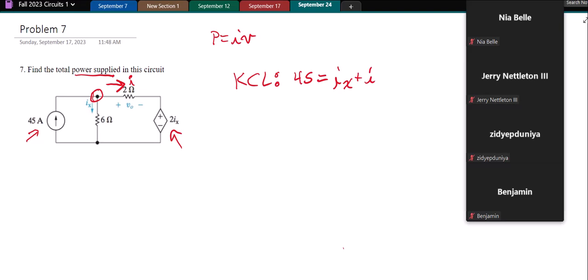Now let's do KVL on the right hand loop. So I want to draw a loop and I can make it clockwise or counterclockwise, doesn't matter.